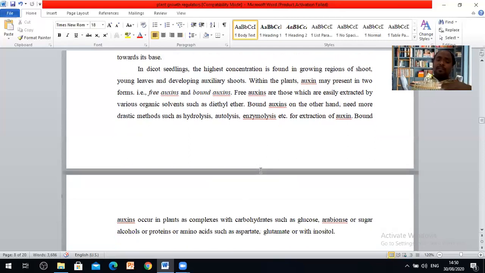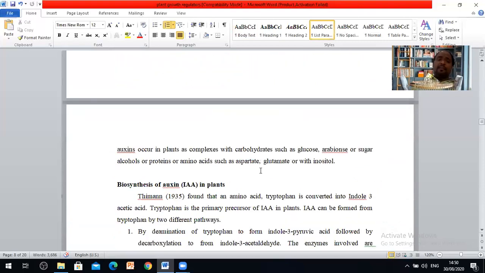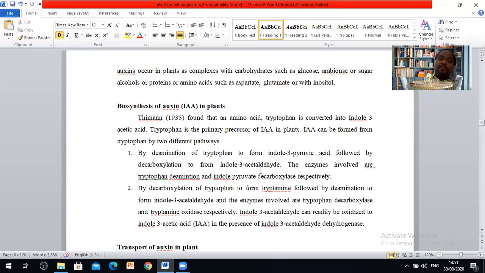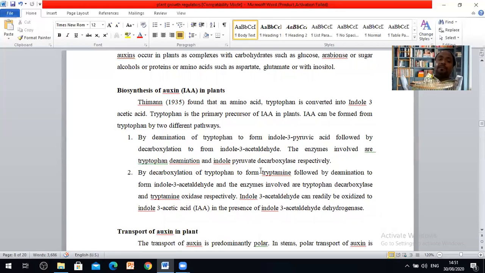Regarding the biosynthesis of indole acetic acid, it is experimentally proved that the amino acid tryptophan is responsible, it is a precursor. Tryptophan acts as the primary precursor for the synthesis of indole 3 acetic acid. By an elimination process, tryptophan forms indole 3 pyruvic acid, followed by decarboxylation to form indole 3 acetaldehyde.